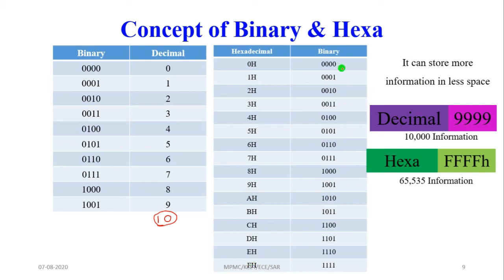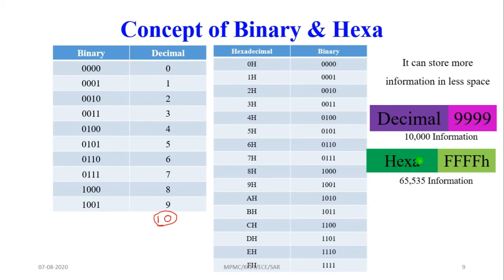Okay, therefore, we are using the hexadecimal number in microprocessor applications. Whenever we are converting a binary number into hexadecimal, we use it like that. Why do we use hexadecimal instead of decimal? If you use a 4-digit decimal number, it can represent up to 9999, so it can store only 10,000 pieces of information.